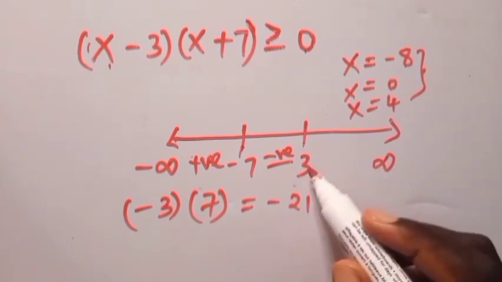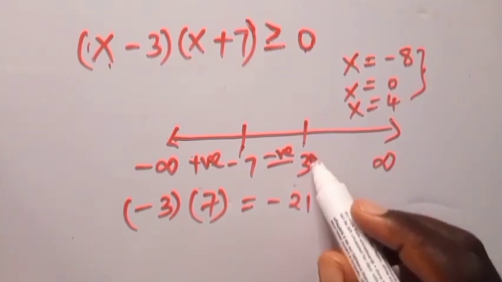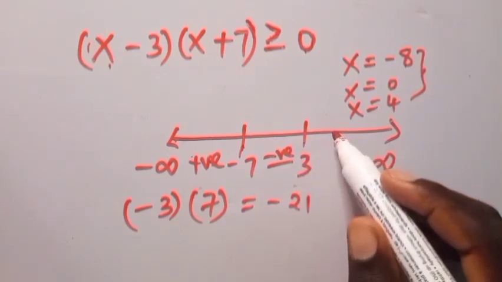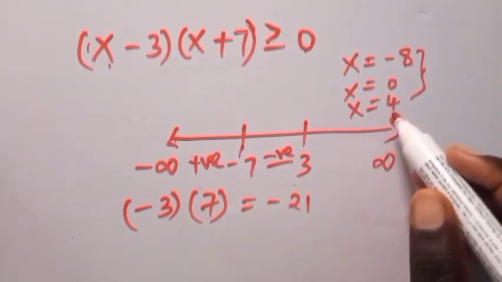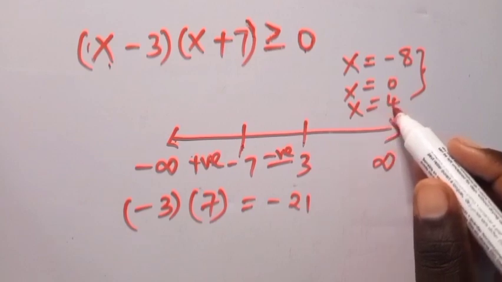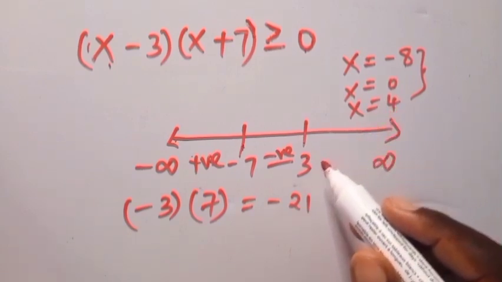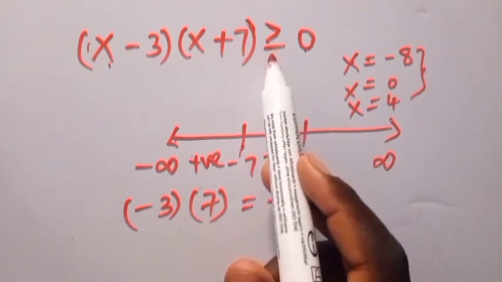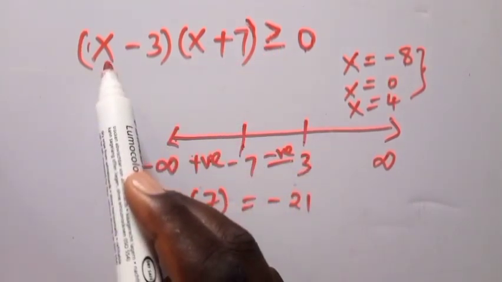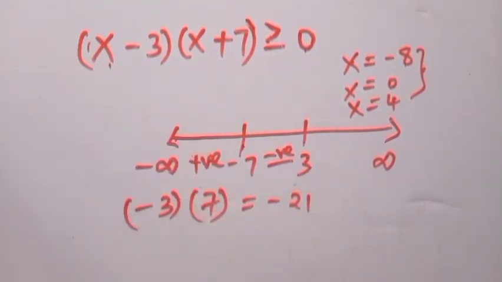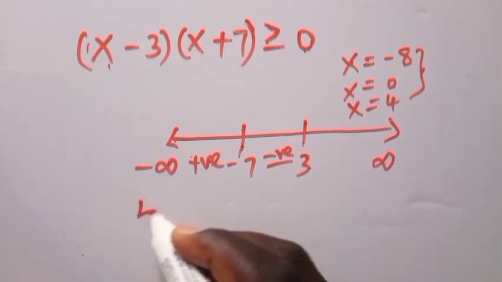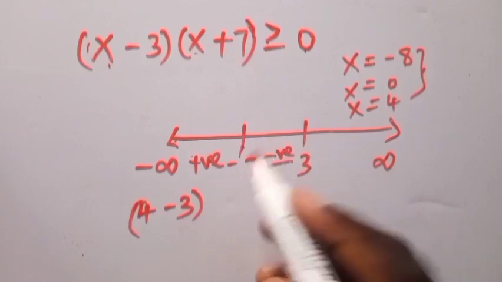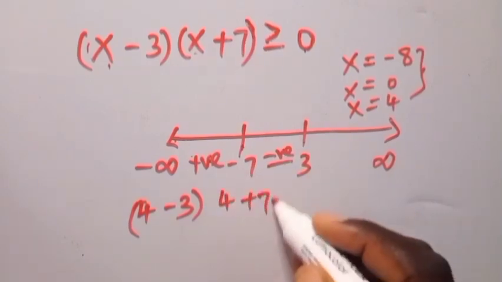Now, to the right of 3, we have positive 4. If we substitute x with 4, will we obtain a positive or a negative number? So if we substitute 4 here, what do we obtain? We shall have 4 - 3, then 4 + 7.